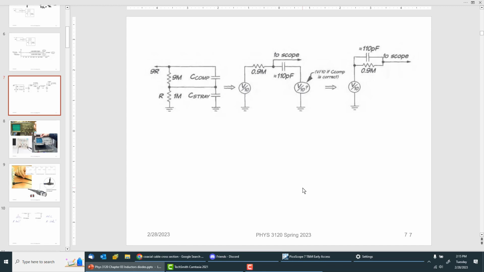So we have to draw the equivalent circuit as the center. But what we want is the Thevenin voltage for both of them to be V over 10. And then if we do that, we can change it over to the picture on the right.